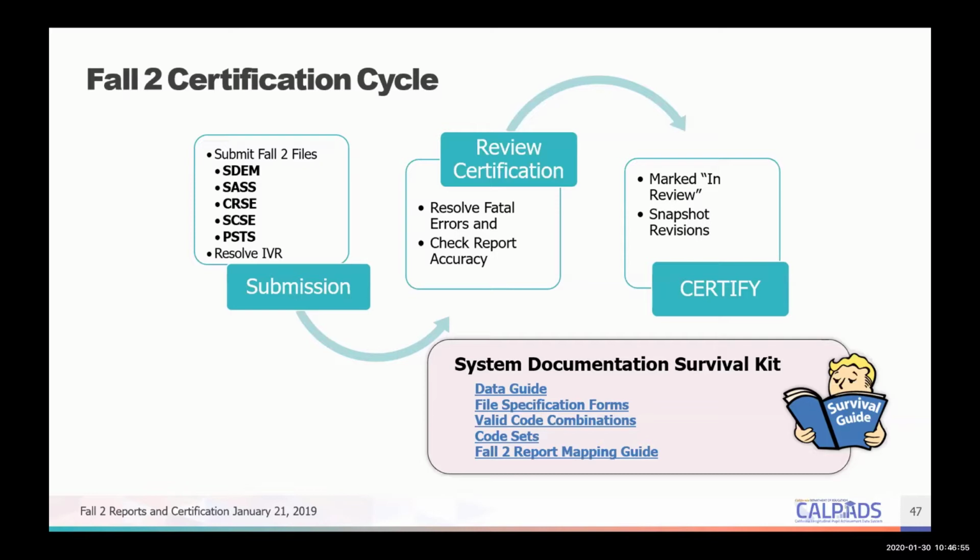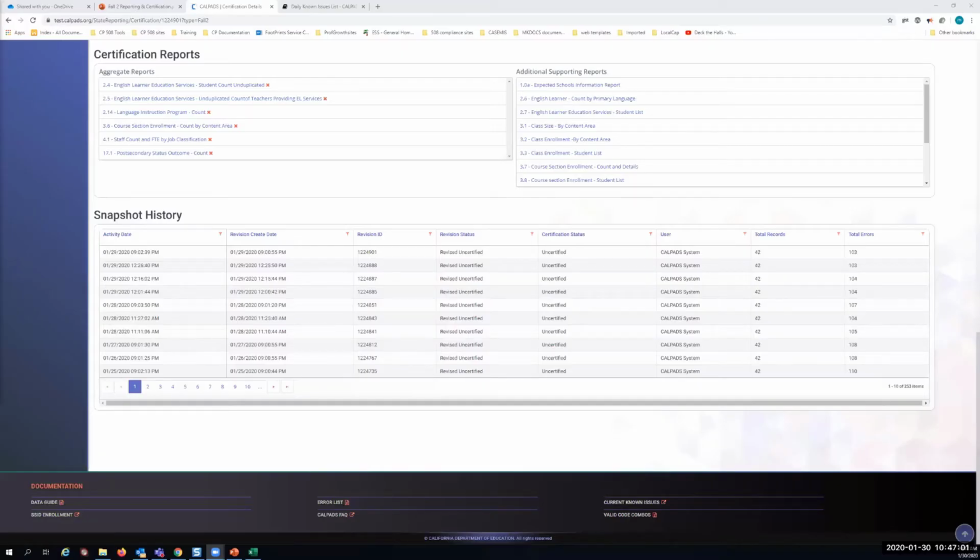And so Jay Vega asks, for those itinerant teachers and courses, do we have to enroll students in that section or just have the teacher and section? So if your itinerant staff is not providing EL services, you do not have to enroll the students. If the teacher has the designation of itinerant, the job classification code 27, there won't be a fatal error that triggers if the students are not enrolled into the course.